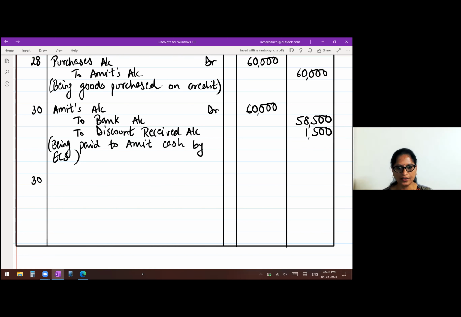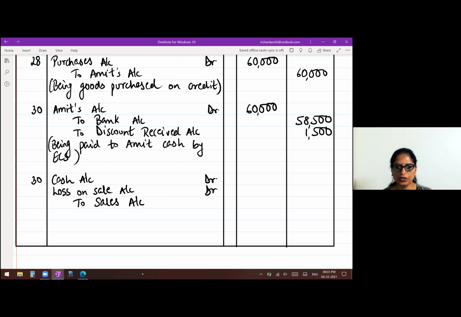So you have to first write the entry and then we'll fill in the figures. So write cash account debit. That means you are receiving cash account debit. And then there is a loss and all losses are debited. So this loss is on sale of goods. So loss on sale account debit to sales account.